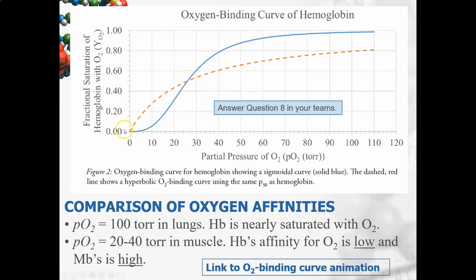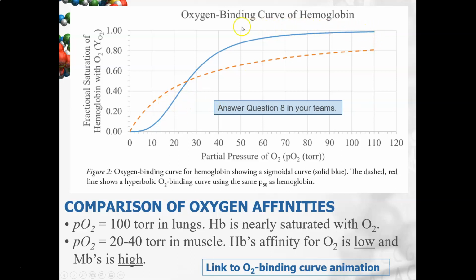But if you look at our blue line right here, we can see that at 100 torr, hemoglobin is nearly saturated. If you get down to the oxygen partial pressure in the tissues, which could vary anywhere between, say, 20 to 40 torr, so here, if we look at, say, 20, we deliver a whole lot more oxygen.